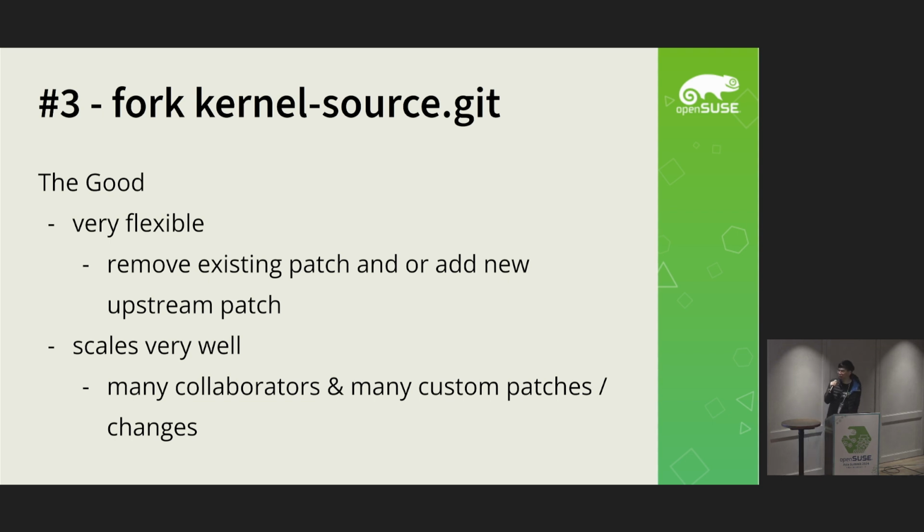It's a bit much to go through, but it's a very, very flexible method. And besides being flexible, it also scales very well. We have a lot of developers working on this at the same time. And because we use Git, we can use a pull request, merge request workflow, and that avoids many of the conflicts that you'll be facing if you only use OBS packages to collaborate.